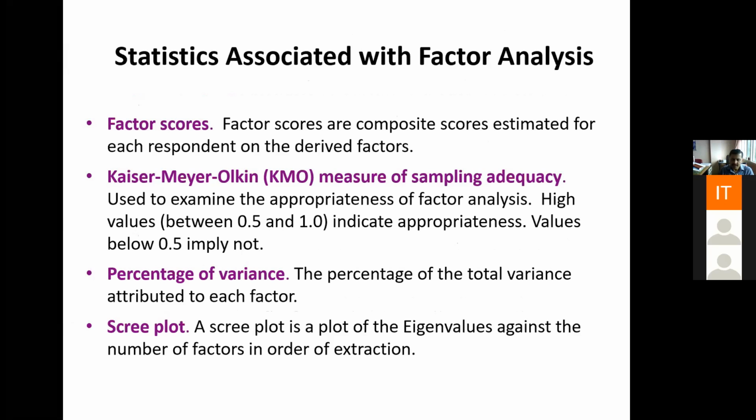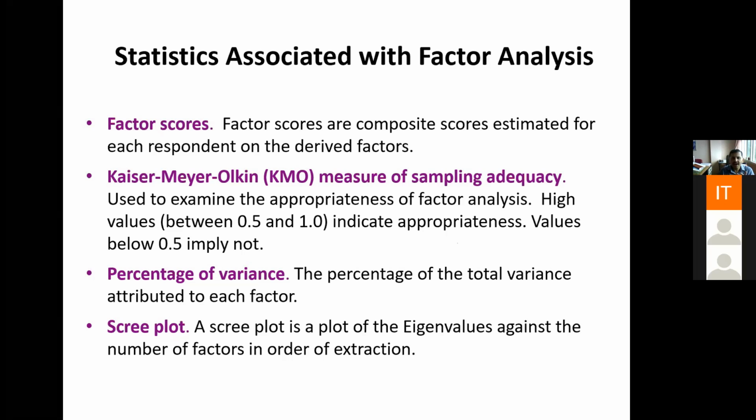I've told you that once we are able to extract the factors, we can use these factors for subsequent analysis. For that, these factor scores can be used, and in SPSS we can give the command whether the factor scores have to be derived or not. If we want to go in for further analysis, we compute these factor scores.